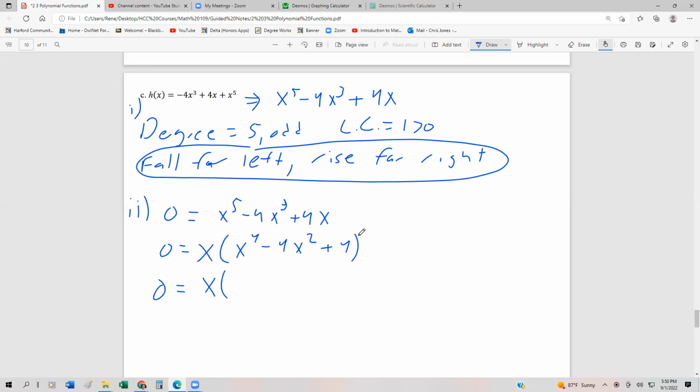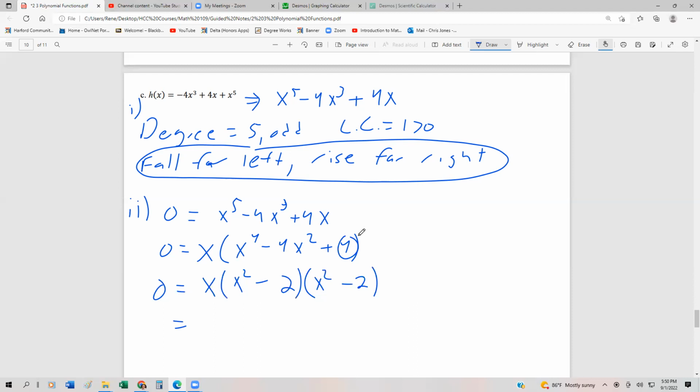To build an x to the fourth, we can put x squared at both of the ends. To build a 4, we need 2 and 2. And then to get a negative out of that, these both have to be negative, for that to be able to get to that positive 4, but also the negative 4 in the middle to add up. And of course, if you don't trust it, you could FOIL it back out.